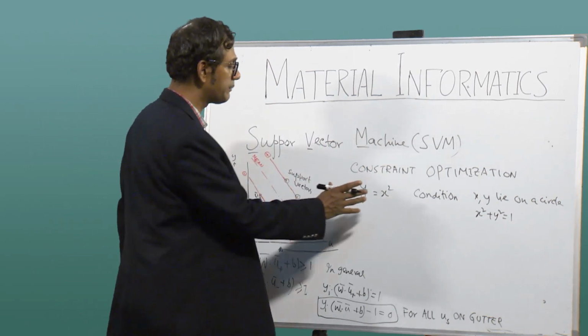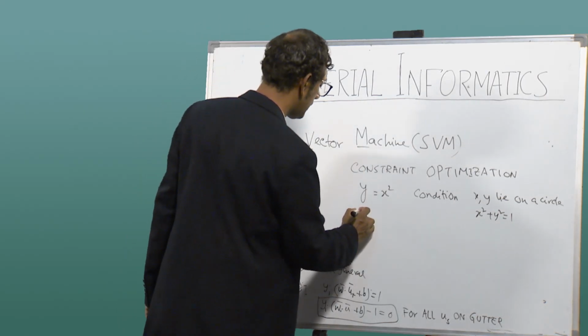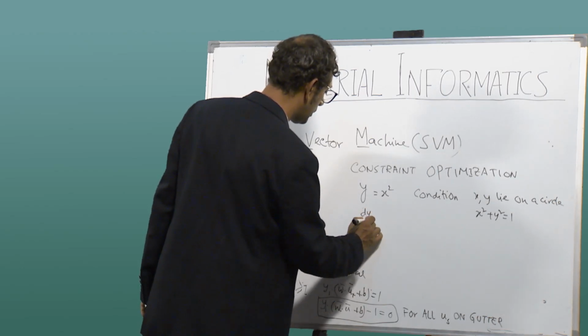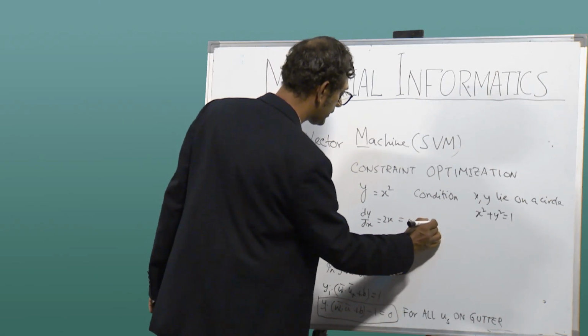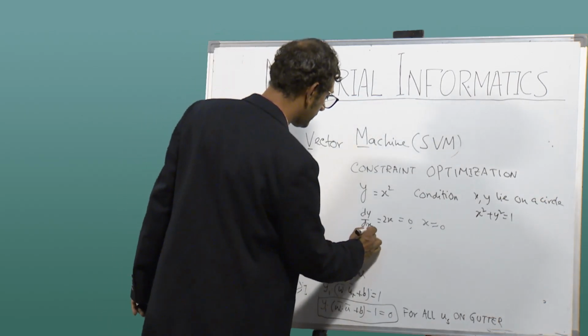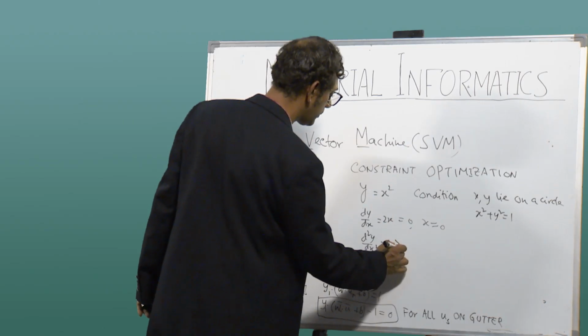If I simply say maximize this function or find the maxima, you will simply take the first derivative dy/dx, that is 2x, put it 0, so x becomes 0. Okay. Now I take the second derivative, which is 2, which is always positive.